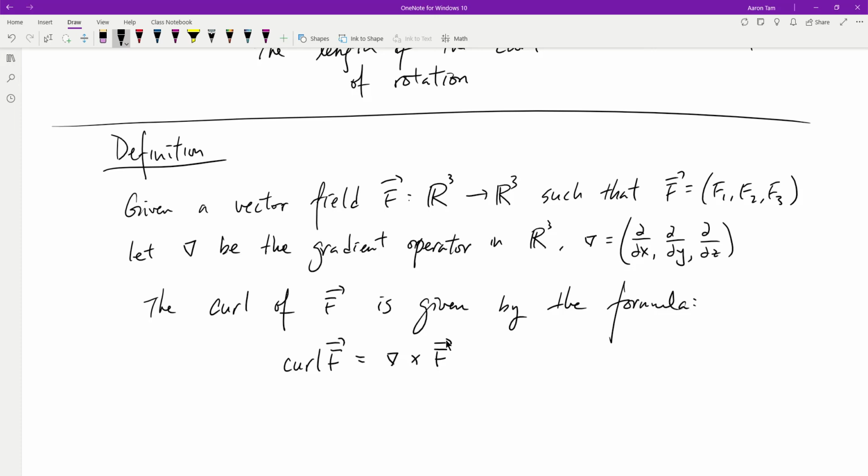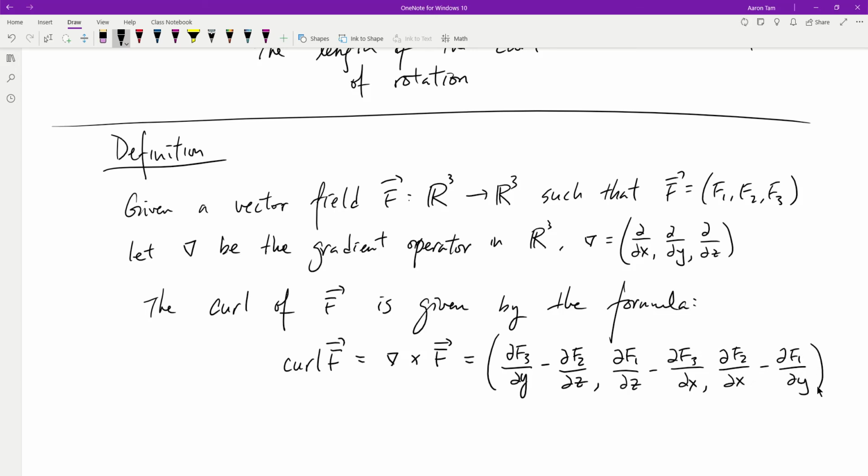So you have to remember how to form the cross product back in chapter 1. If you apply the cross product to the gradient operator and the function vector F, which is F1, F2, F3, you find that they form this vector: dF3 over dy minus dF2 over dz, dF1 over dz minus dF3 over dx, and dF2 over dx minus dF1 over dy.